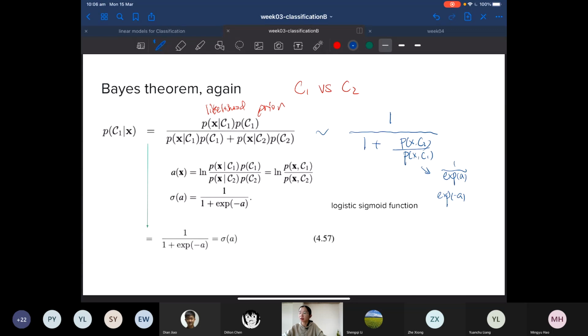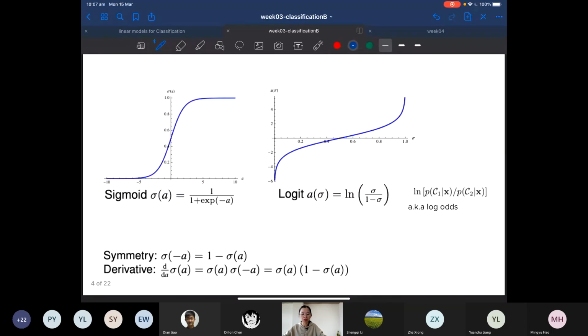Moreover, as we will encounter over and again, this logistic sigmoid function is very useful for classification, and this is the origin of it. There's no special trick. You just define a new quantity, and the posterior naturally comes out as a logistic sigmoid function.